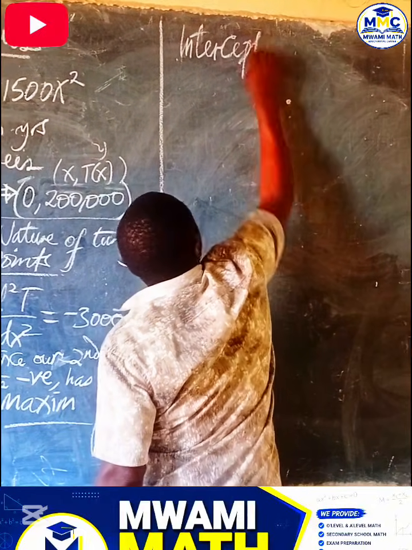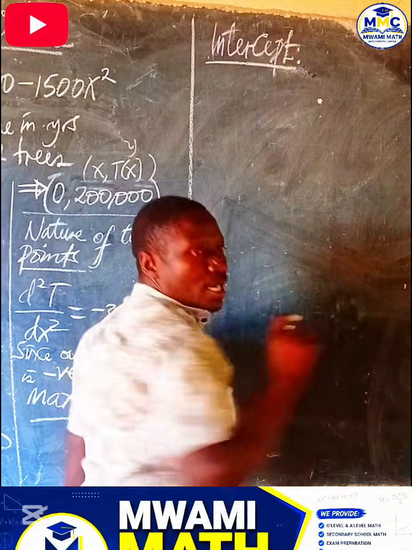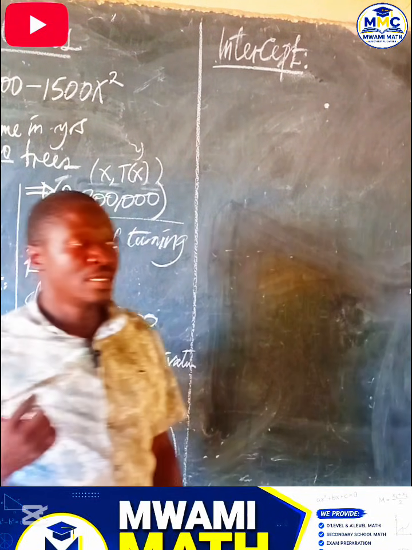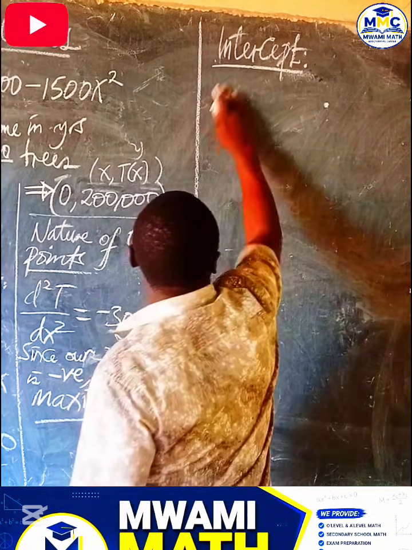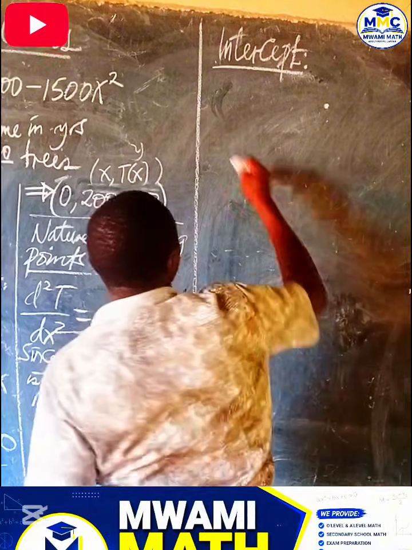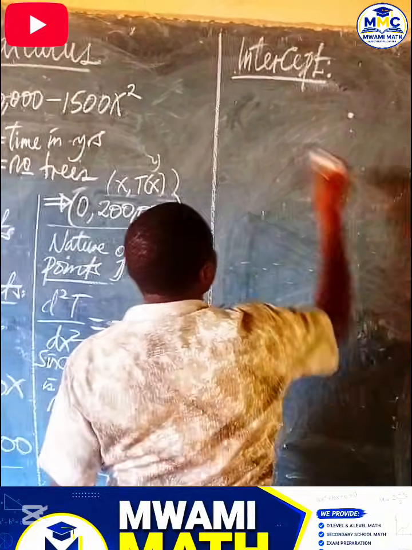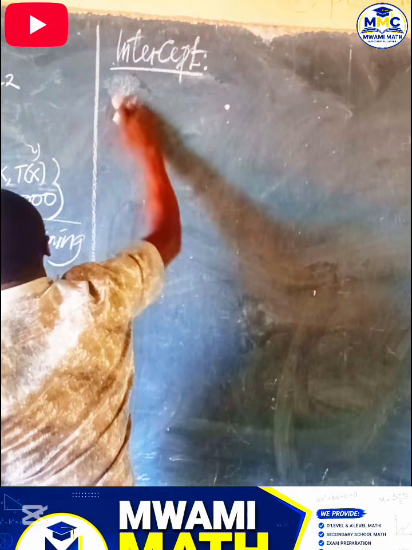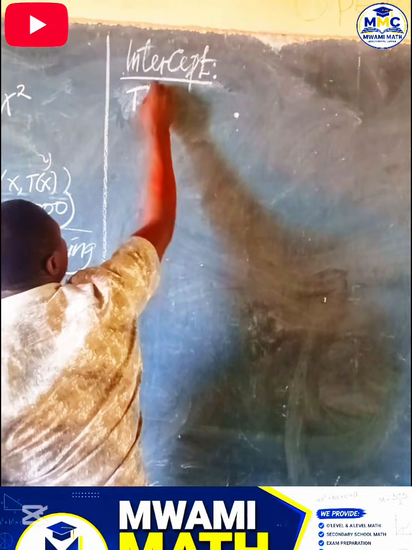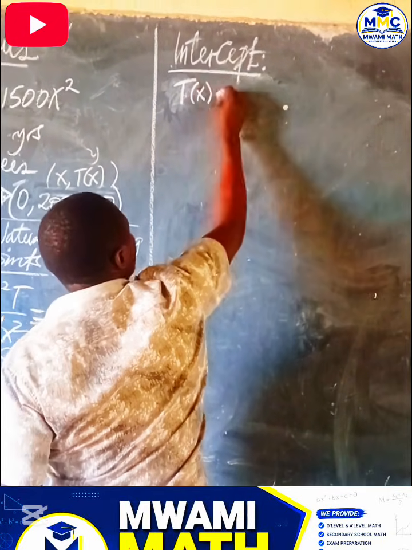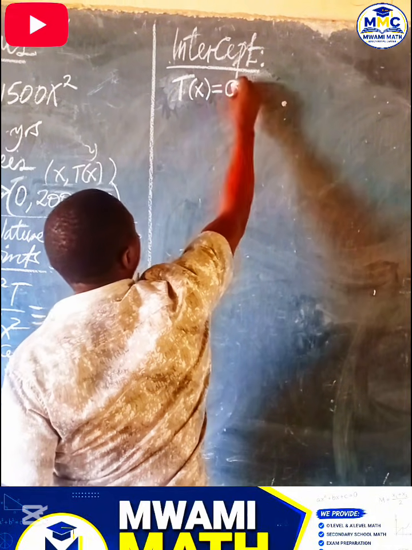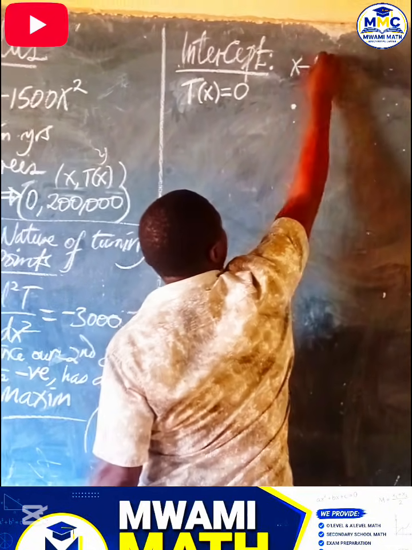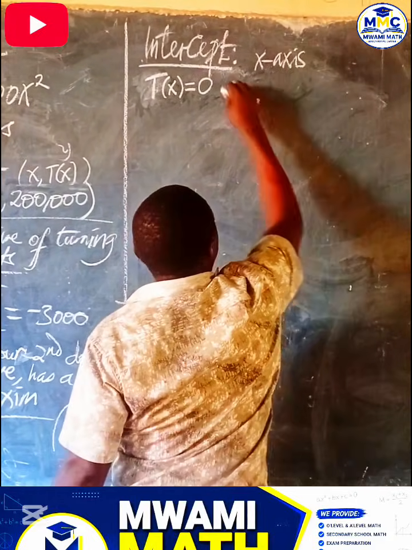Intercepts are the points where the curve cuts the axis. So now, on the x-axis, y is 0. So we say, our y is actually this t(x). When t(x) is 0, this is now on the x-axis.